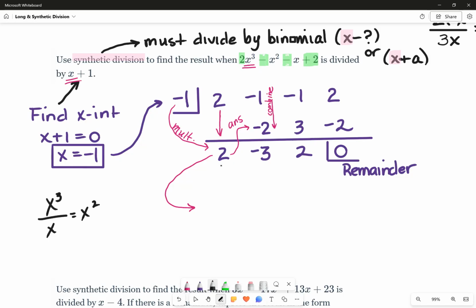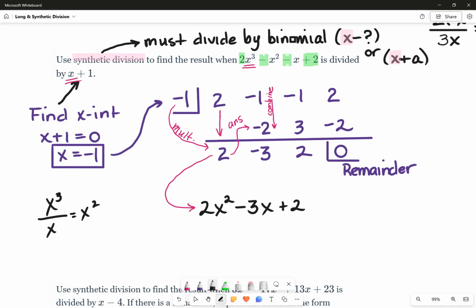So this too is going to have to be an x squared term. This number is a -3. Has to be then an x, because we're going down by increments of 1 on those exponents. And then the +2 as an exponent of x to the 0. But we all know that x to the 0 is a 1, and 2 times 1 is a 2.